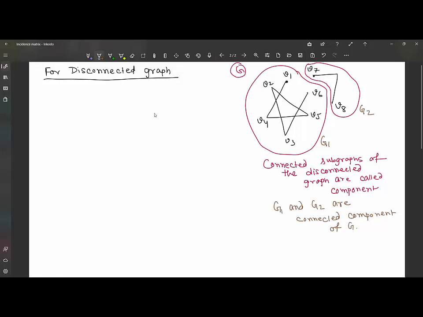So, for two components of a disconnected graph G, suppose there are two components.